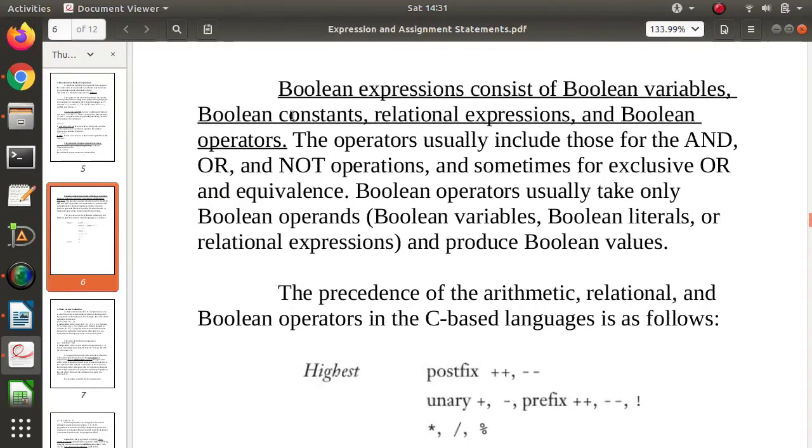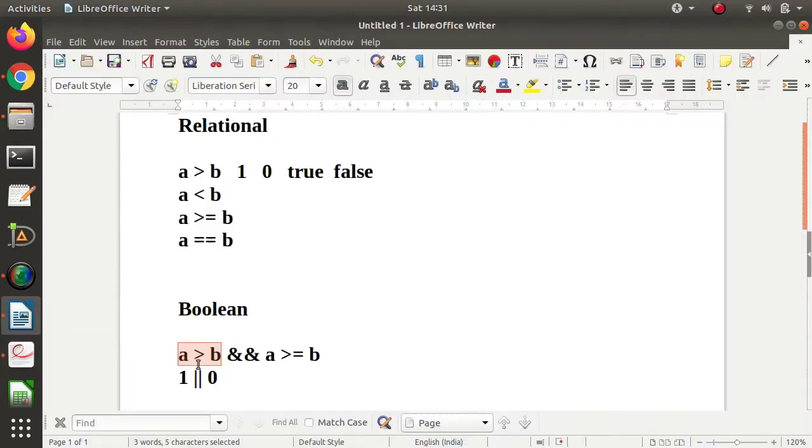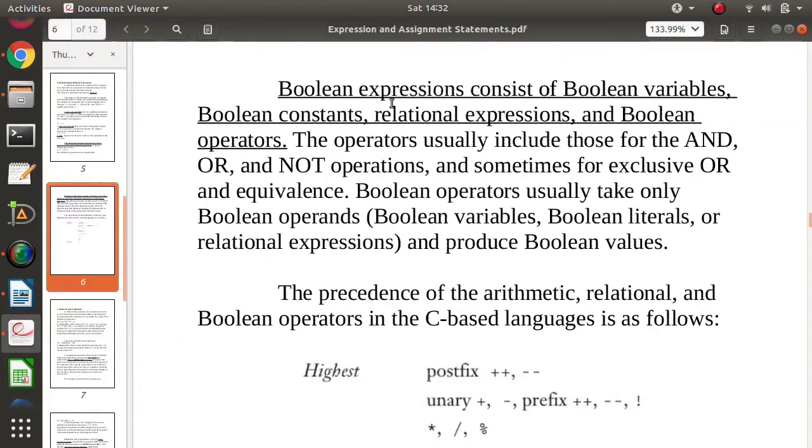Now we'll talk about Boolean expressions. How are Boolean expressions made? This is the Boolean operator, and these are the operands. So what can be the operands? In Boolean expressions, operands can be Boolean variables and Boolean constants. Constants are also called literals. Literals mean constants only.